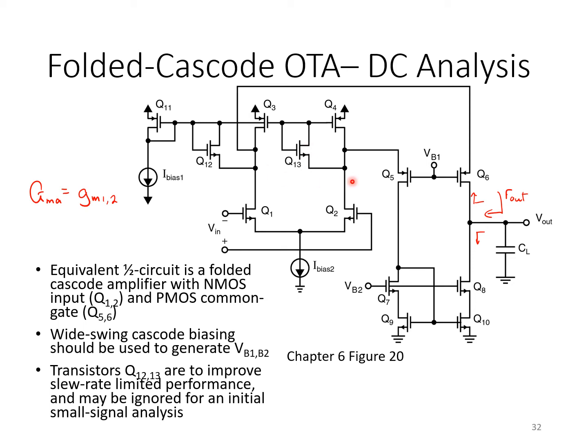And another important point to note here is that in order to allow for a relatively large voltage swing at the output, we would need additional circuits, not shown here, to produce the bias voltages for the cascode transistors, VB1 and VB2. If a wide swing cascode biasing circuit were used, then that will allow a larger swing at the output node, VO.